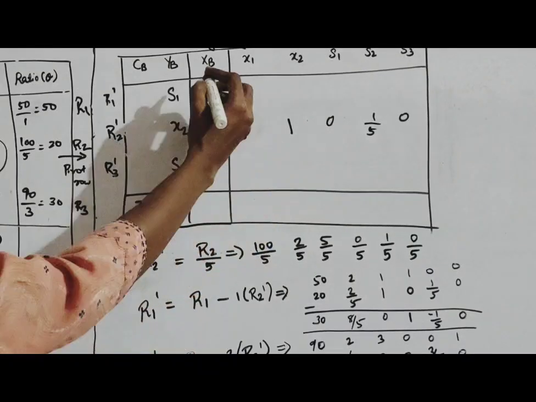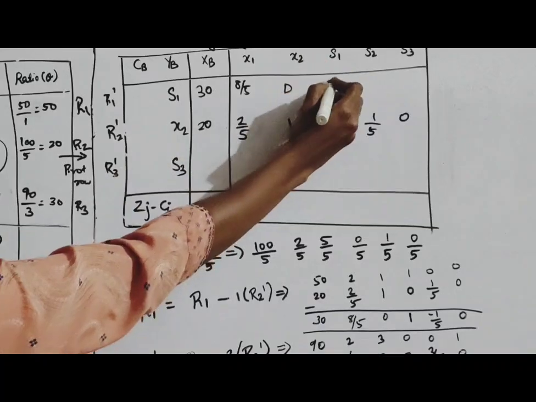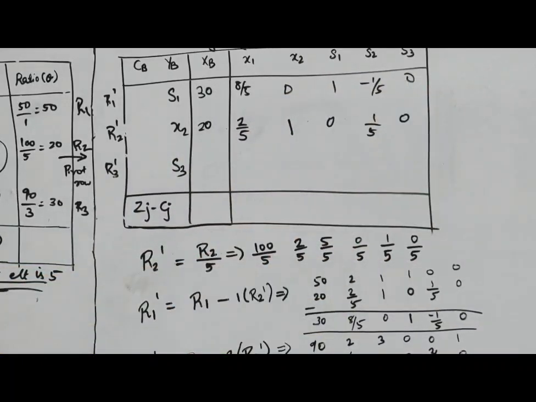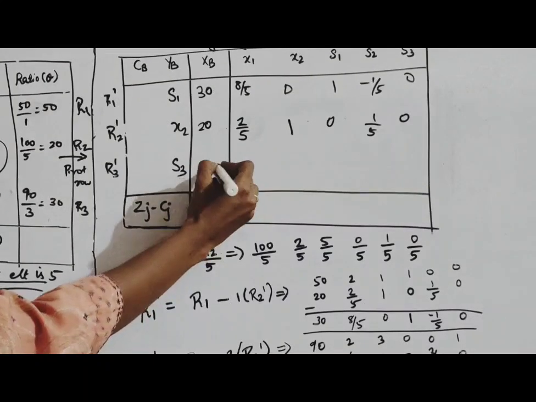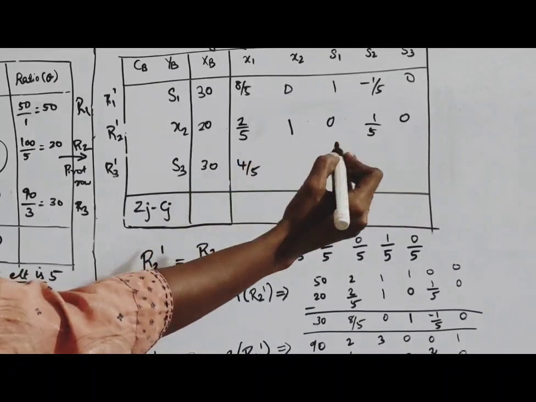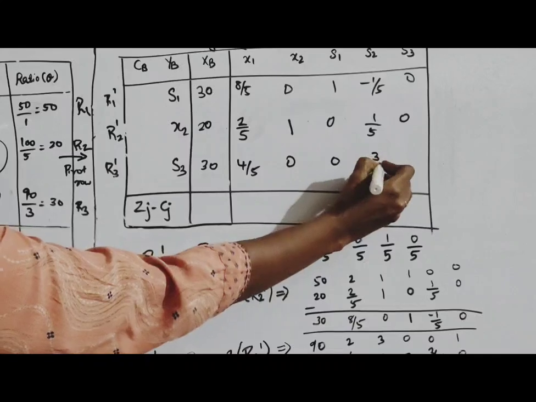R1 dash is 30, 8 by 5, 0, 1, minus 1 by 5, 0. And R3 dash is 30, 4 by 5, 0, 0, minus 3 by 5.